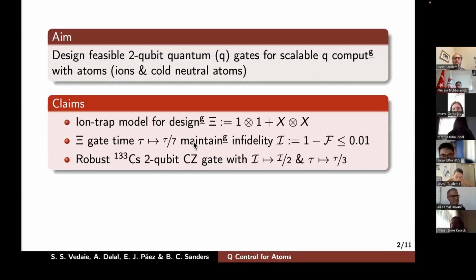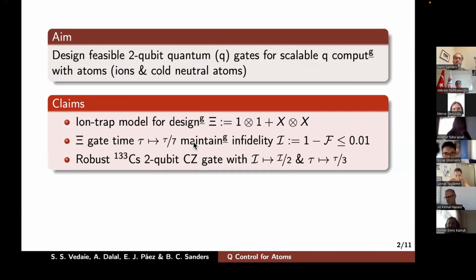And then for our ion trap, we have done theoretically, and we're going to report soon experimental results. I'm not an experimentalist, but experimental collaborators, where we take the best in the state of the art, where there's a gate time tau, which is currently about 254 microseconds, and we improve it by reducing it to less than a factor of 1/7.